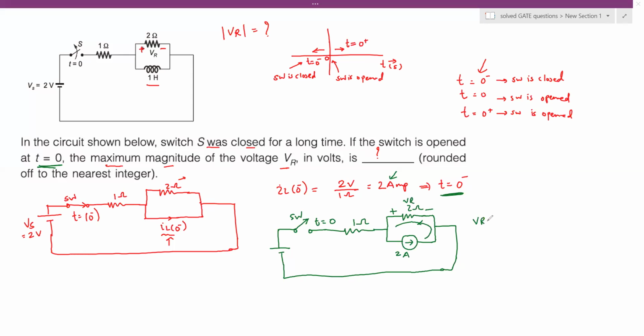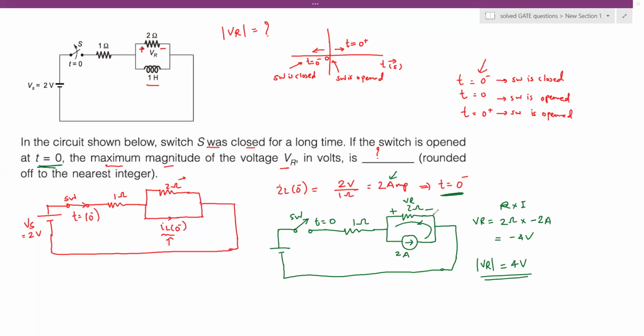VR will be the product of I times R. So R is 2 ohm, into I is minus 2 ampere. That comes out to be minus 4 volt. And the magnitude that is asked is 4 volts.